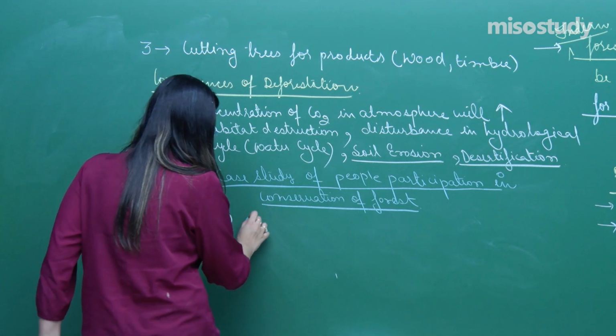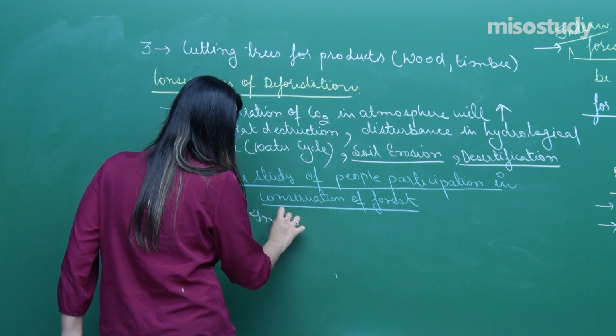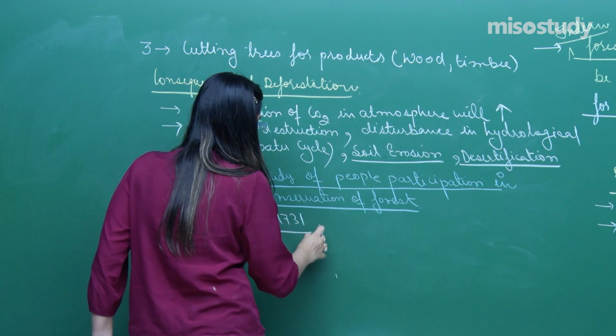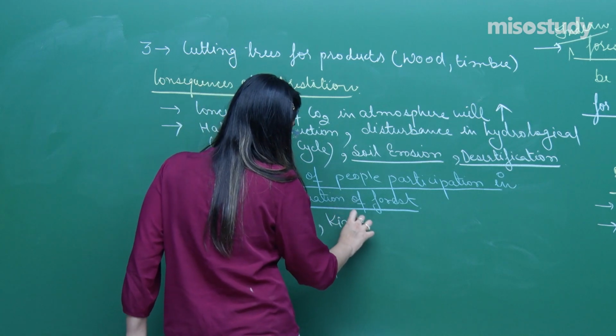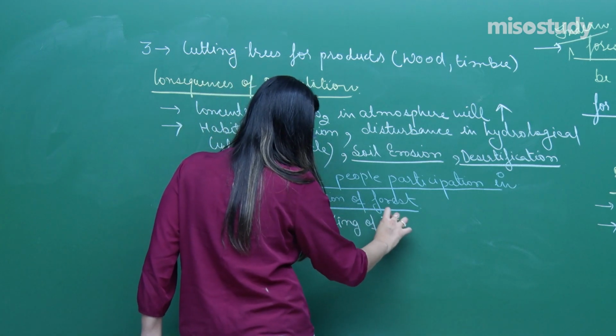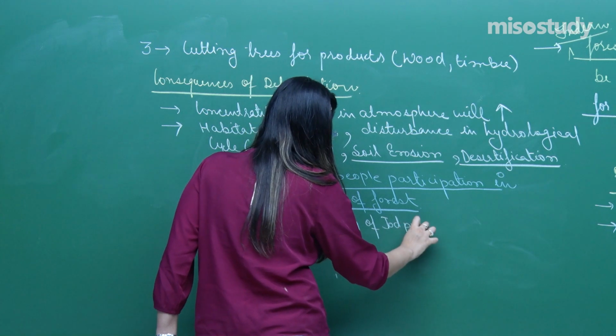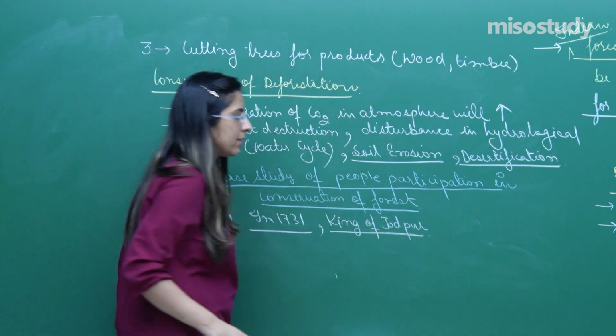Let's discuss them. In 1731, there was a king of Jodhpur, and Jodhpur is in Rajasthan.